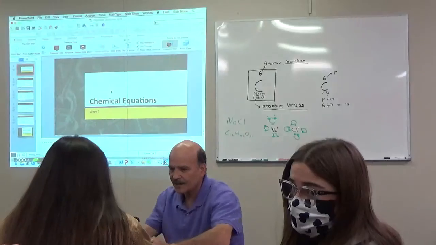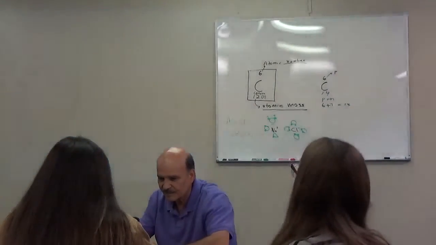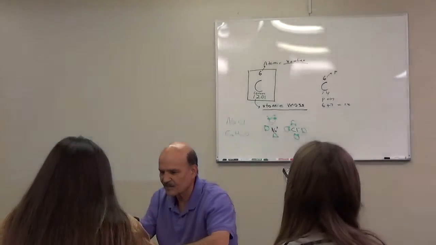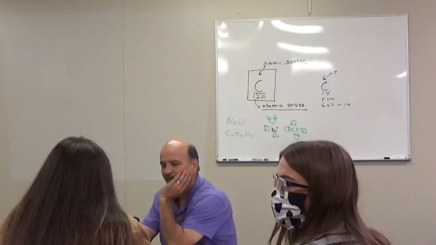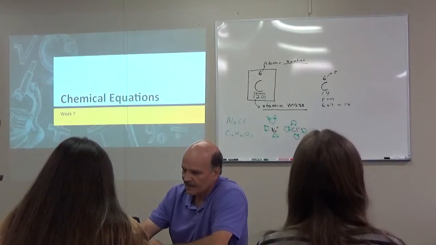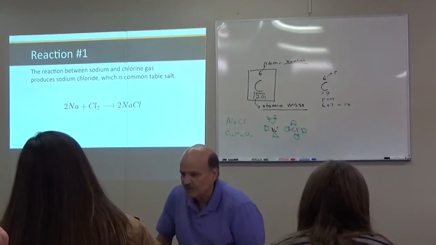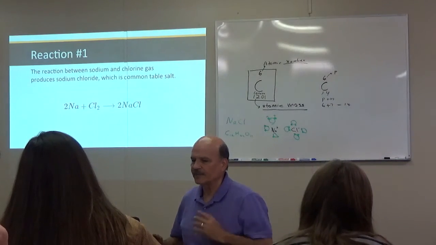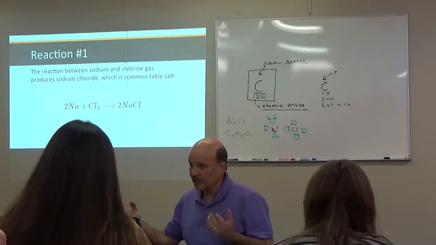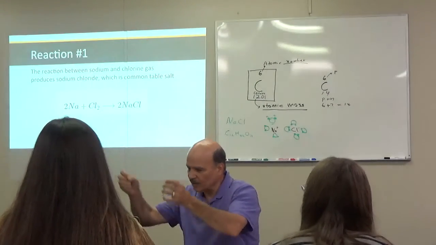Reacting sodium and chlorine gas produces sodium chloride, which is common table salt. You know it's a chemical reaction because sodium is a highly reactive metal that explosively reacts in water.